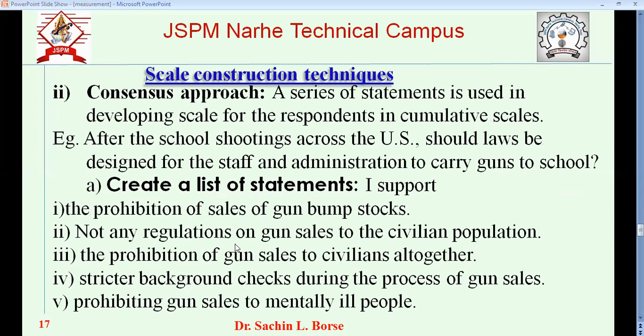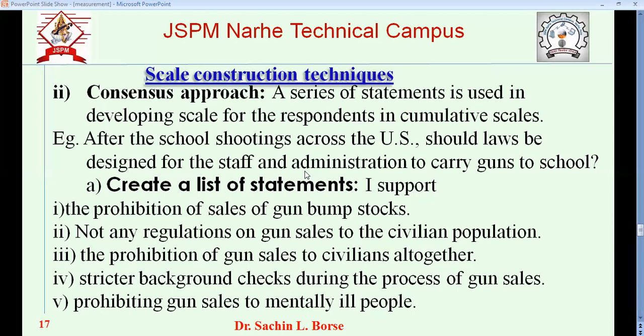Like for example, after the school shootings, here shootings means gun shootings across the United States, should a law be designed for staff and administration to carry guns to the school? So they created questionnaires on a very problematic situation in the United States, where someone comes with a gun and does abrupt firing.